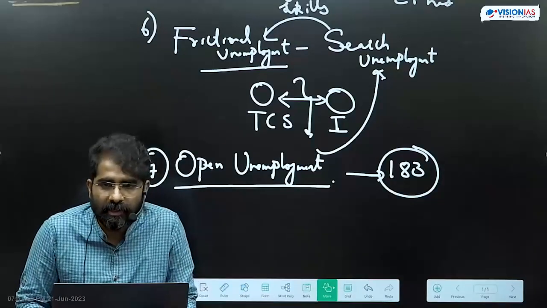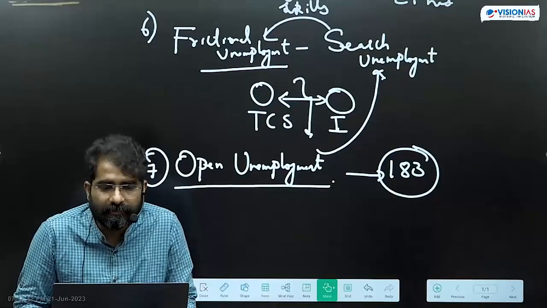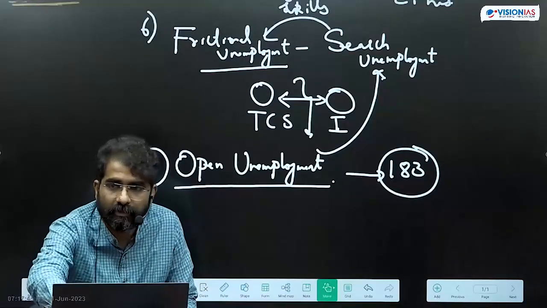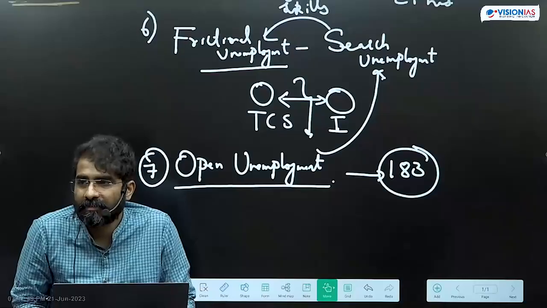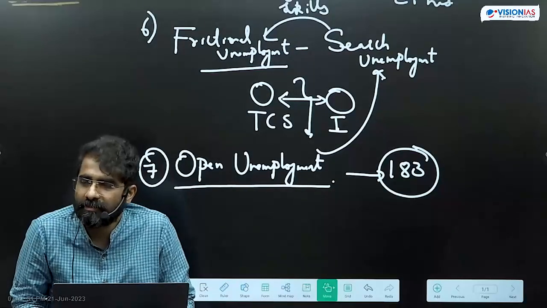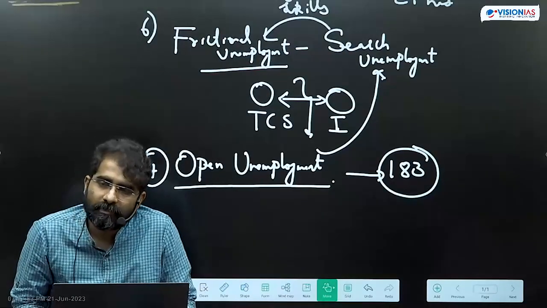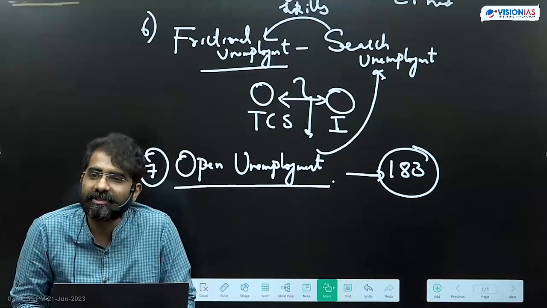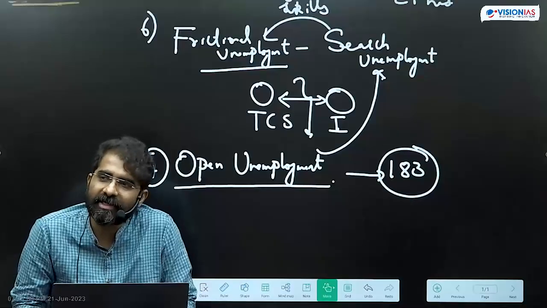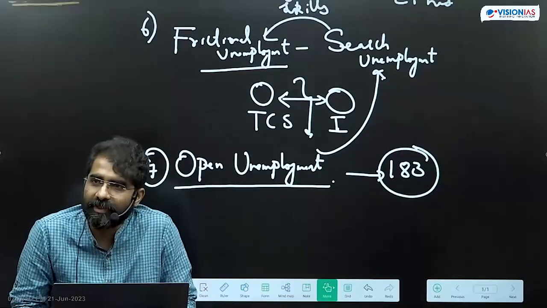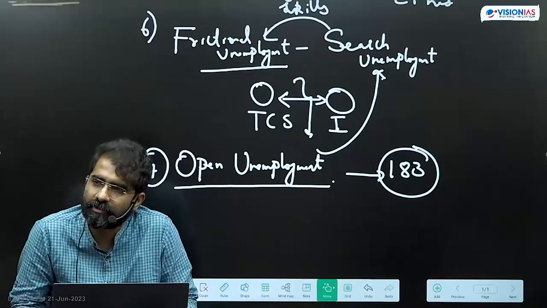Is this clear? The company decides. You can't say specifically that it is cyclical, but obviously it is cyclical. The company does not have the capacity to run it, so they will.